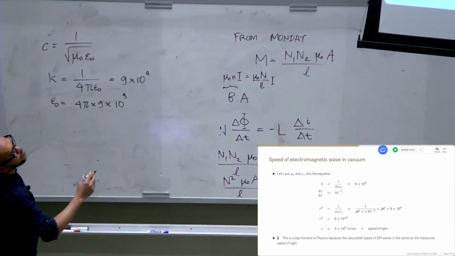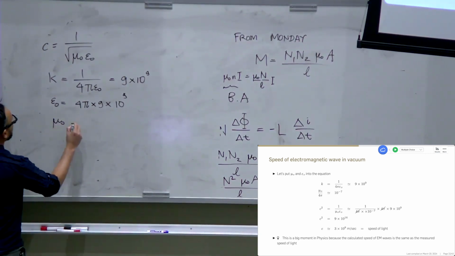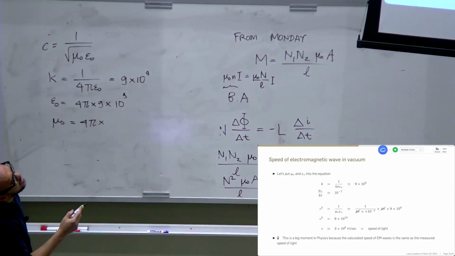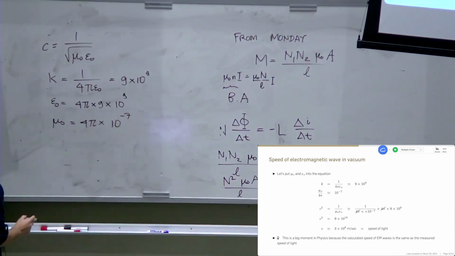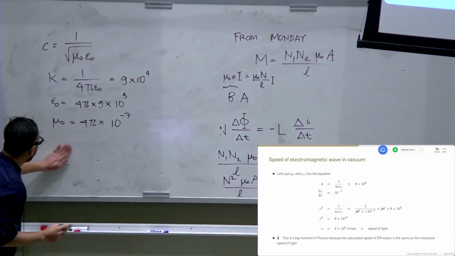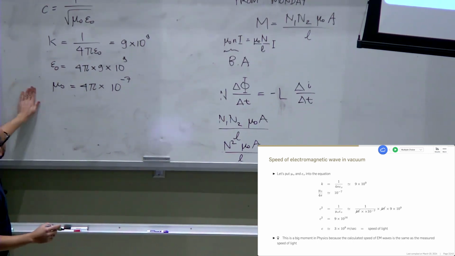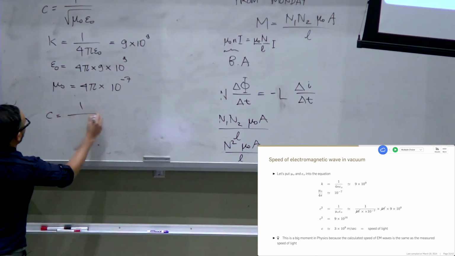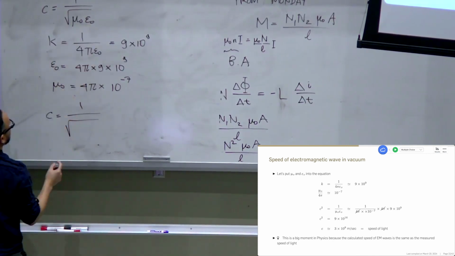And mu naught is basically 4 pi times 10 to the minus 7. Because we know what mu naught and epsilon naught are, then we can calculate the speed of light: 1 over the square root of mu naught times epsilon naught.